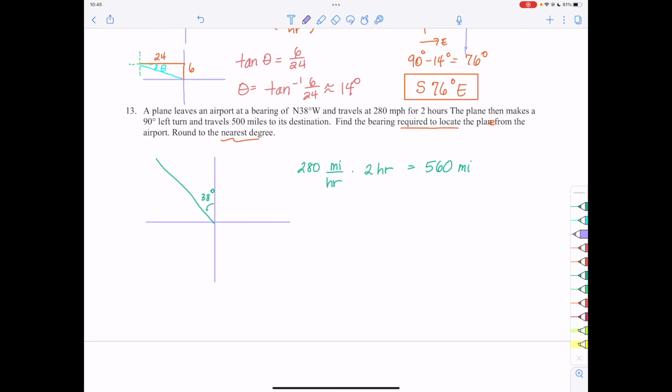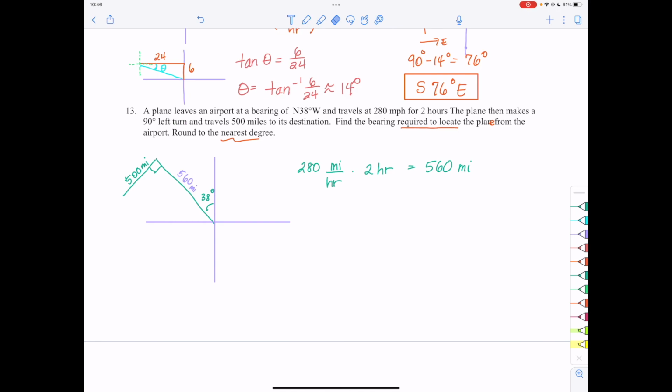And that is this distance right here. Now, the plane makes a 90-degree left turn and then travels 500 miles to its destination. Okay, and so now we want to find the bearing required to locate the plane from the airport.